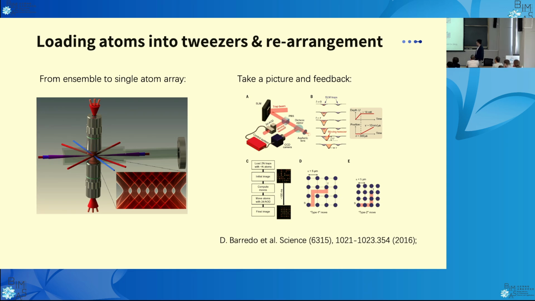But the problem is that when we initially fill these tiny traps from the ensemble, they are stochastically loaded. That is, there's a probability on average of 50 to 60%, depending on the atomic collisions. But they're stochastically loaded, sort of like this. I don't know if you can see it on the back, I guess the screens.